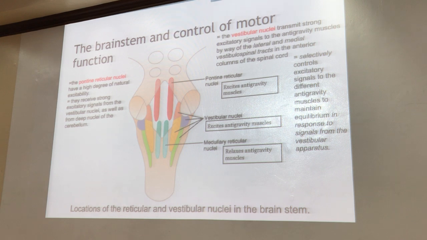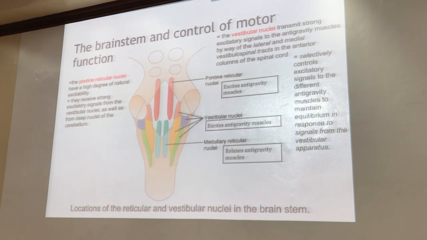Remember that for the pontine nuclei and the vestibular nuclei, if you stimulate these nuclei, it will excite anti-gravity muscles. Ito dala, pontine reticular nuclei, vestibular nuclei. Pagdating sa medullary reticular nuclei, when you stimulate these, it relaxes your anti-gravity muscles.